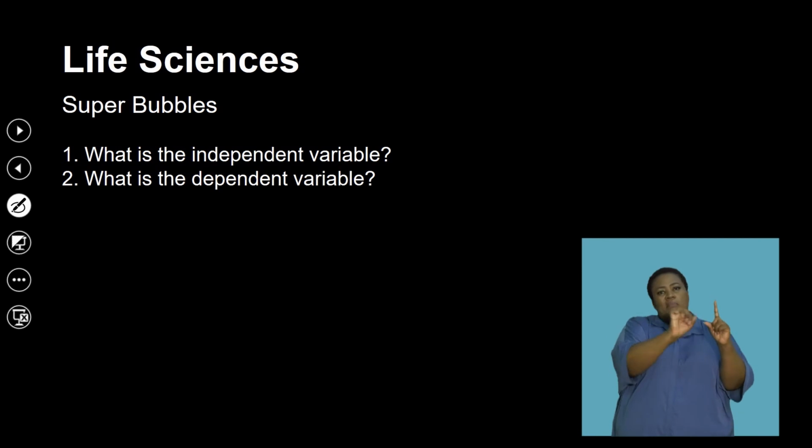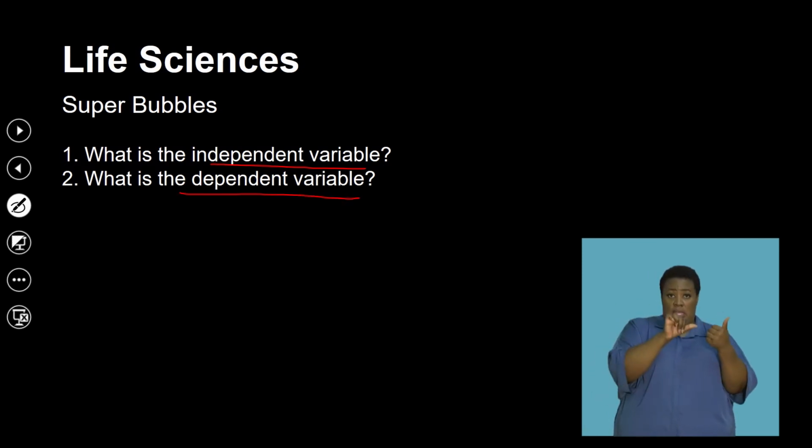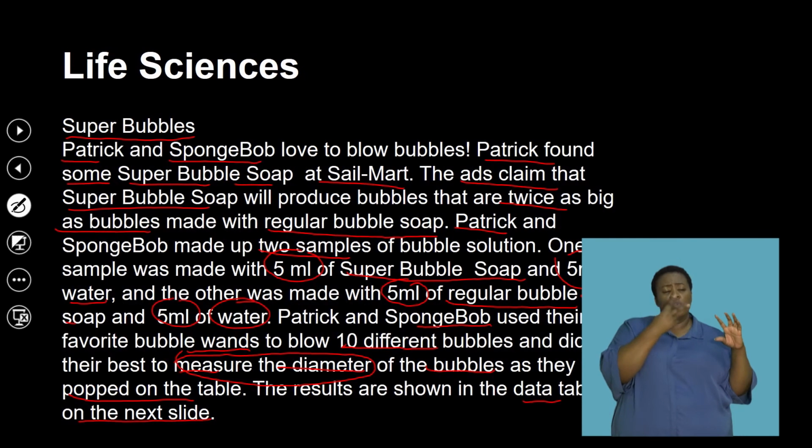So what is the independent variable in this investigation, and what is the dependent variable? If we go back to that slide and look at the independent variable, remember that these guys were at the Sale Mart and picked up types of bubbles.